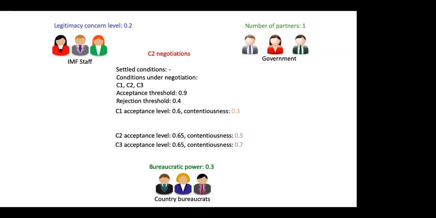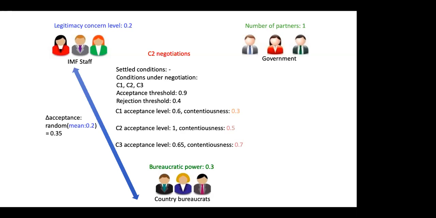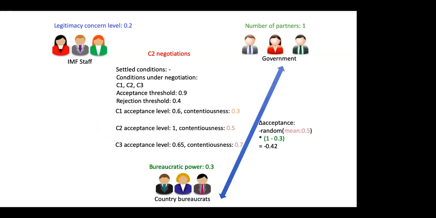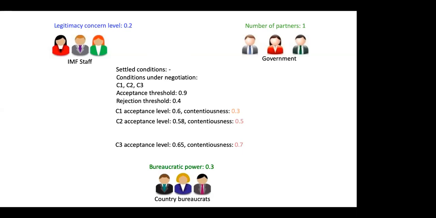C2 negotiations. Once again, the staff discussions result in an increase of 0.35 in the acceptance level of C2, and the government has a stronger position against the inclusion of C2, resulting in an increase of 0.42, which sets the acceptance level to 0.58, with no decision being reached.